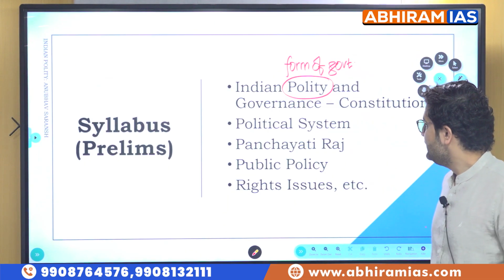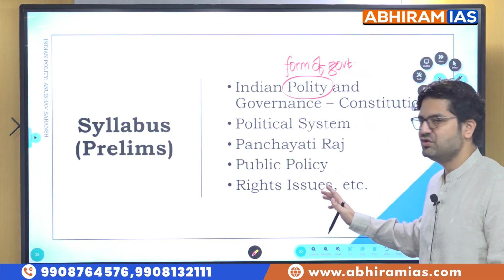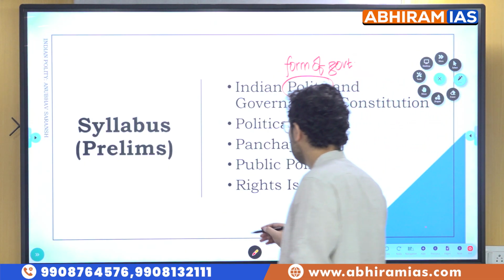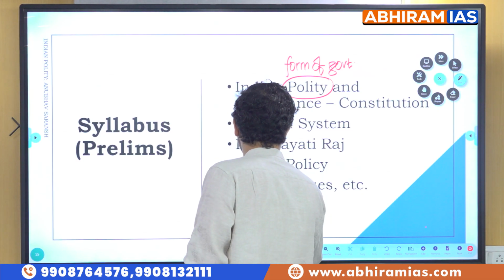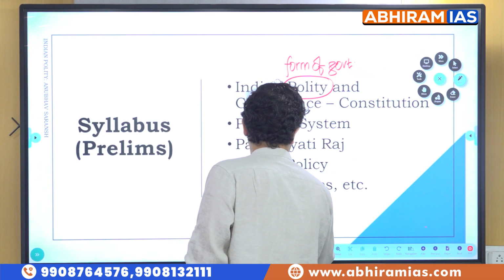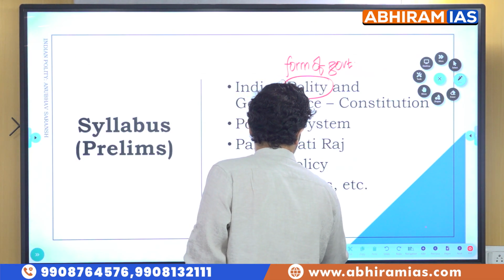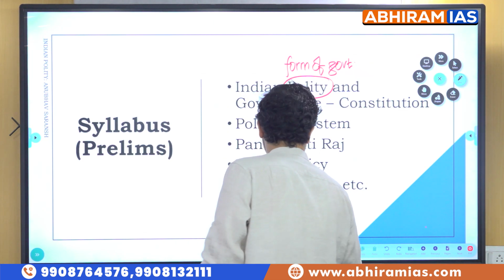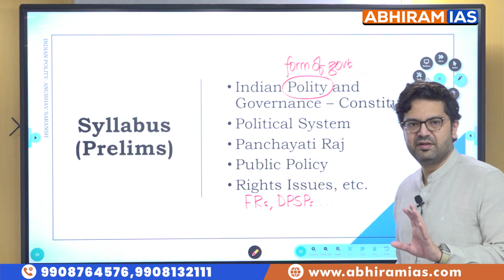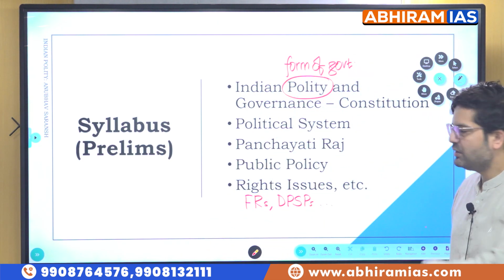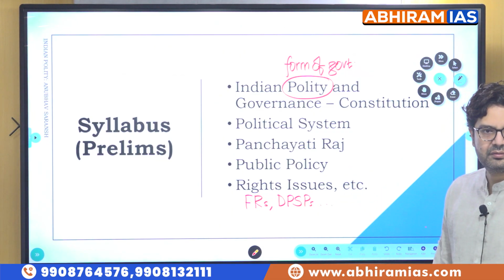Okay. Then public policy and rights issues. Rights issues refers to topics like fundamental rights, DPSPs, etc. These kinds of topics. That is what is meant by this topic called rights issues.